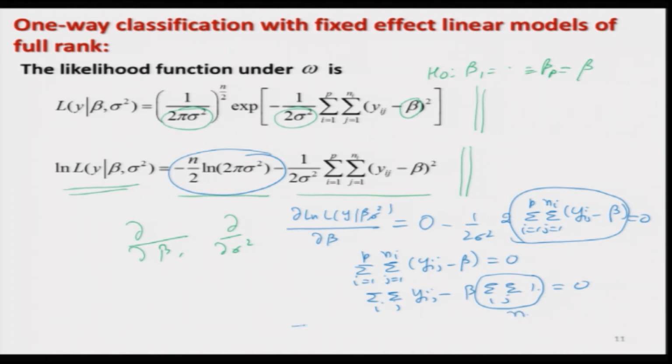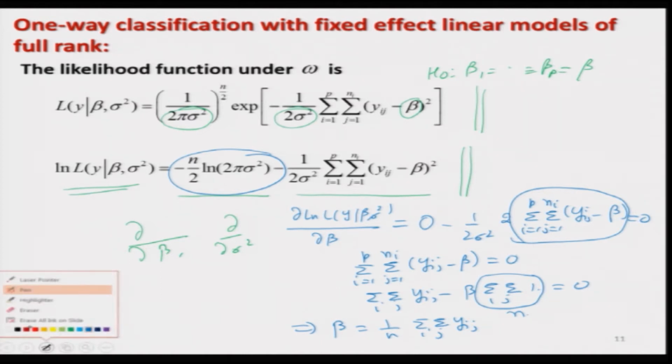So, you can see this gives us the value beta equal to 1 upon n double summation i, j of y_ij. Now, if you use the same notation, y naught naught, you write y_ij, and now you take the average over i, so this i becomes naught, and then you take the average over j, so this j is converted into naught.